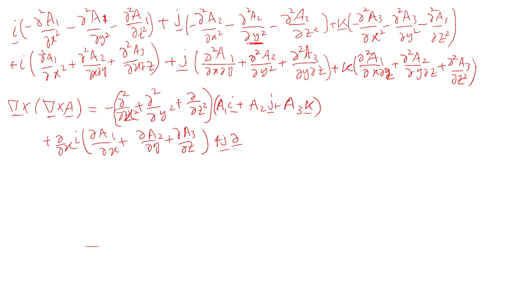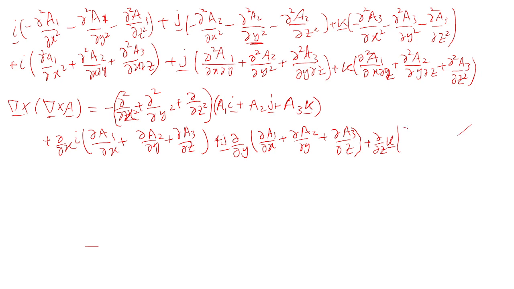That is partial by partial y, and what is left is partial a1 partial x plus partial a2 partial y plus partial a3 partial z, and the last one, partial by partial z, is common in the k direction. So what is left?